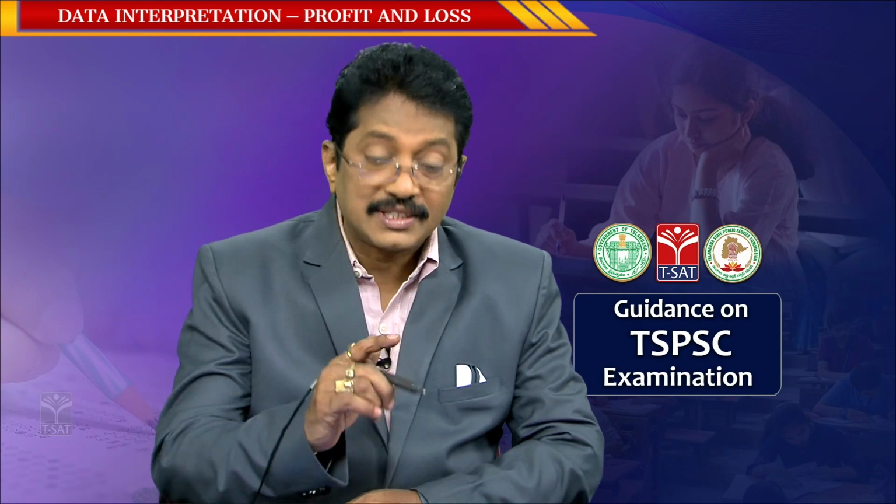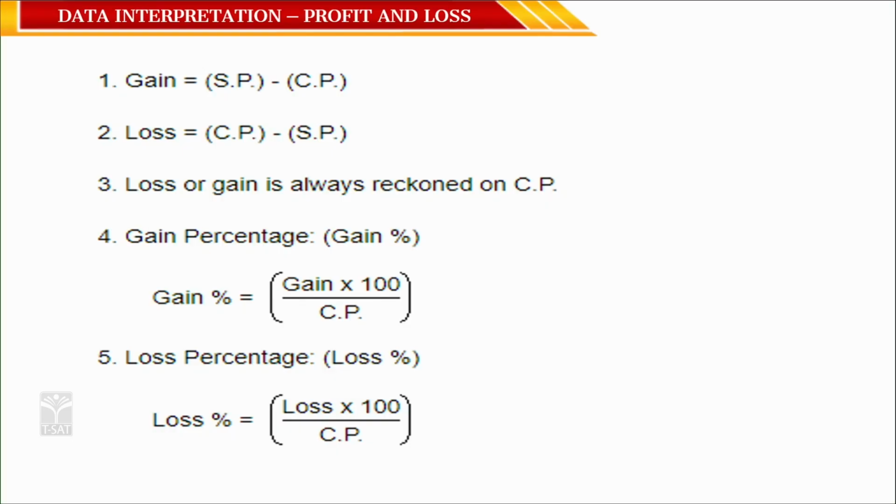So, now the first one is gain. Gain is selling price minus cost price, loss is cost price minus selling price, correct. Loss or gain is always reckoned on CP. This is a very important piece of information.